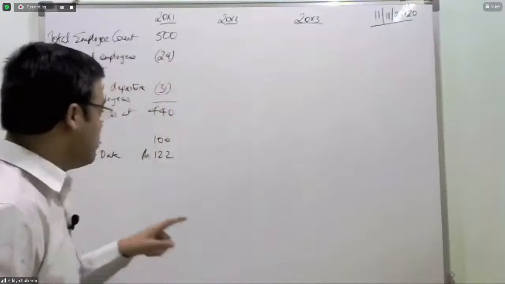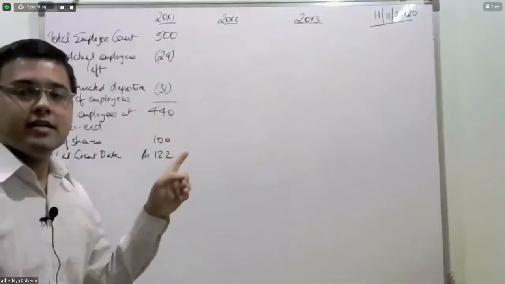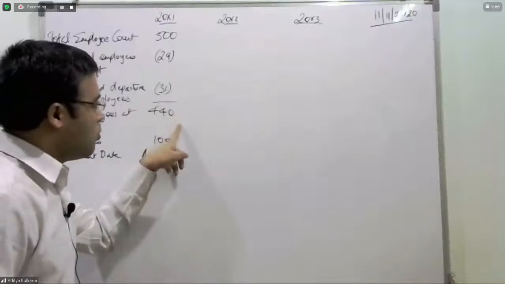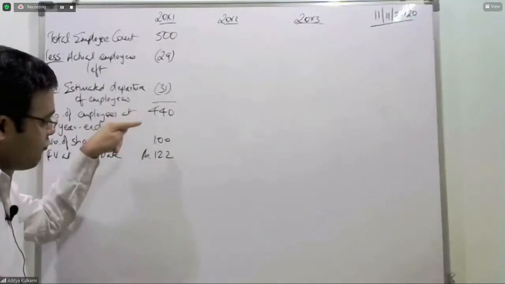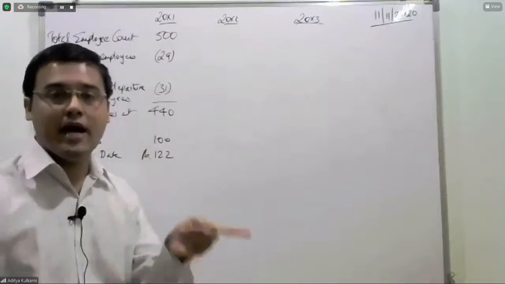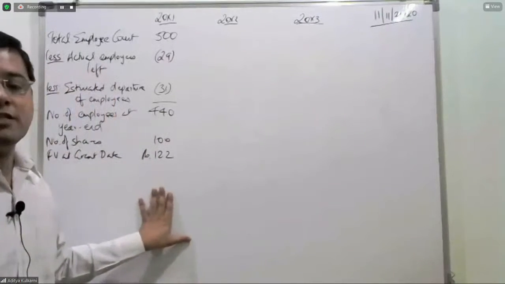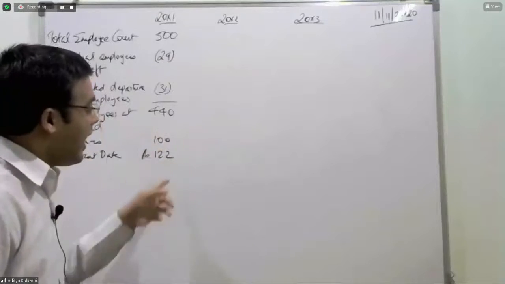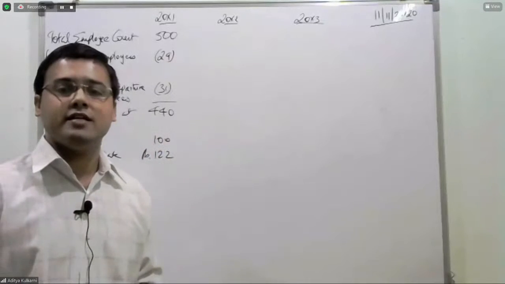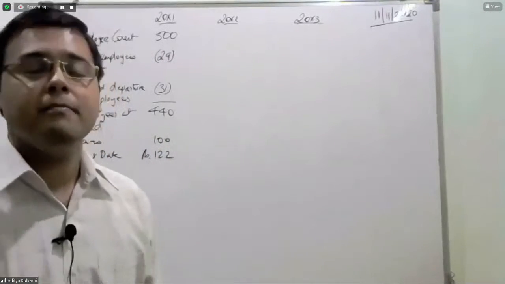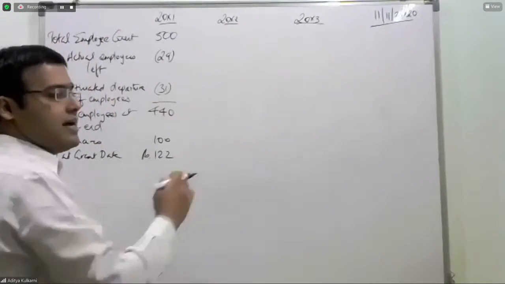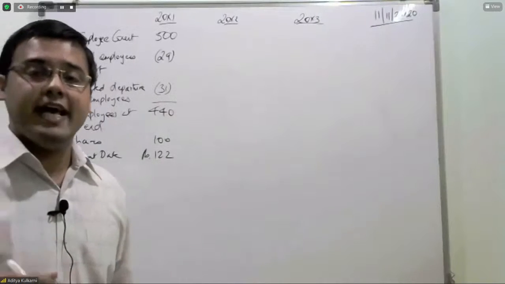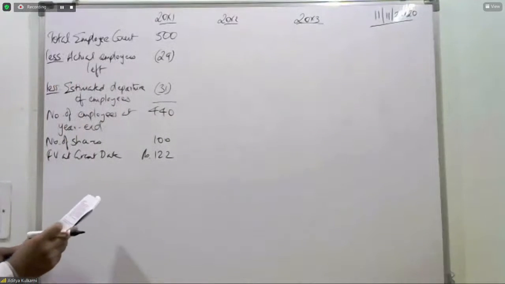But wait a minute. 440 is the number of employees that will be there at the end of the second year. So I cannot just multiply 440 into 100 into 122 and say that this is my expense for the first year. No, no, no. Half of that will be the expenditure at the end of the first year. Why half? Because you estimate that you will meet the vesting condition at the end of the second year. Therefore, half. So what will be your proportion?